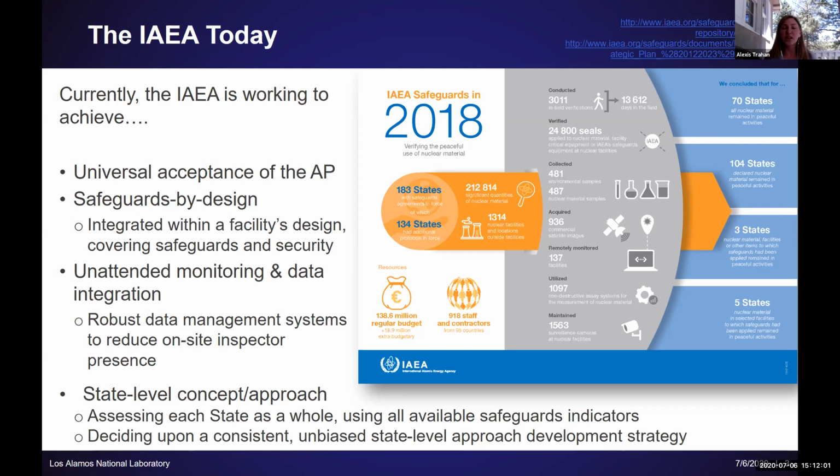The additional protocol is highly regarded by the IAEA and around the world because it provides the IAEA a bit of additional access and short notice inspections and those sorts of things that really make everyone safer. As you can see on the infographic, as of 2018, the IAEA had 134 states with the AP in place, and they're working on getting all states to sign on to that.